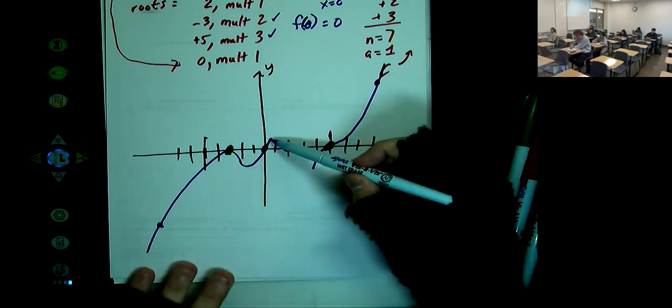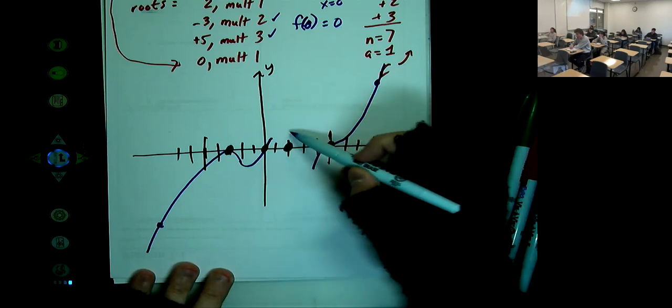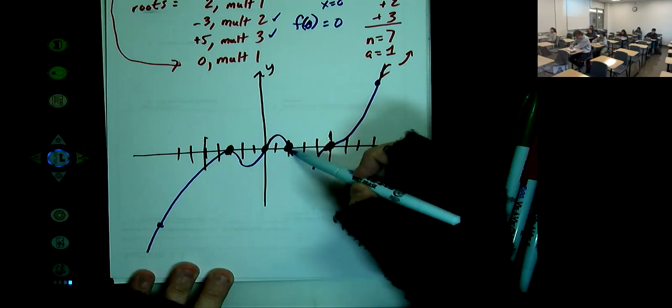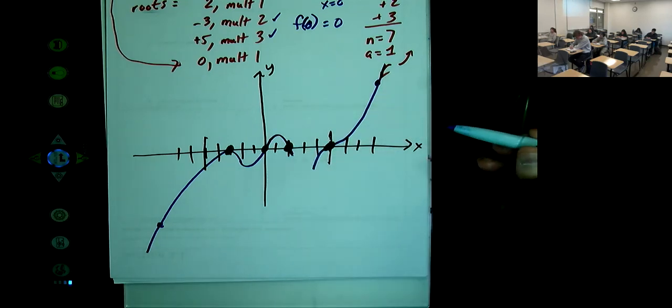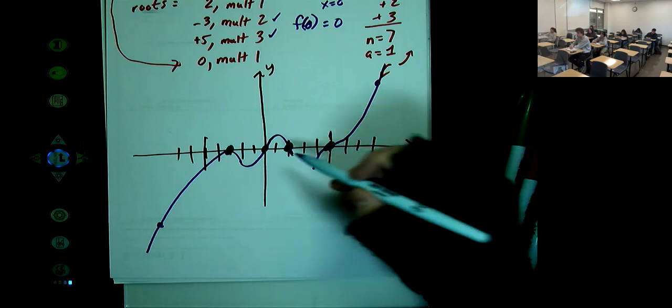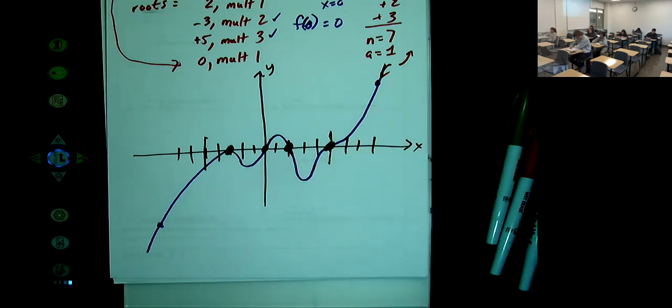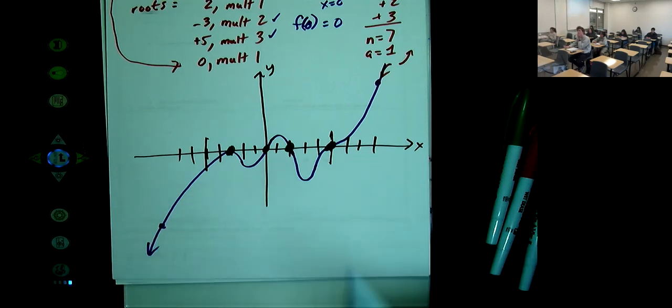I don't know how high up it goes, but I know it has to cross again at 2, which means it's going to be going down. And I'll just connect the lines up here. That's kind of how you do it.